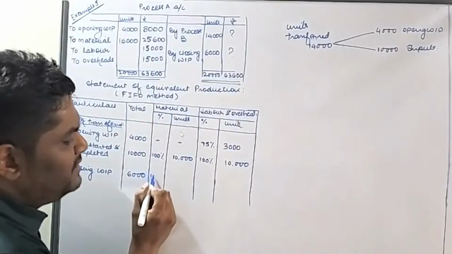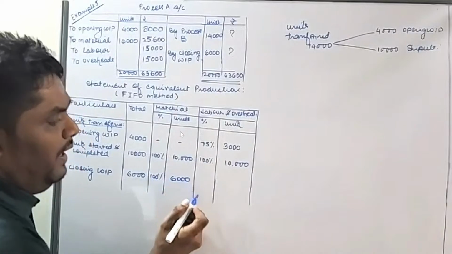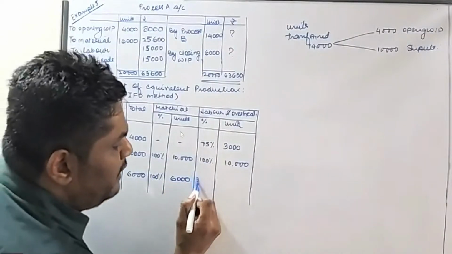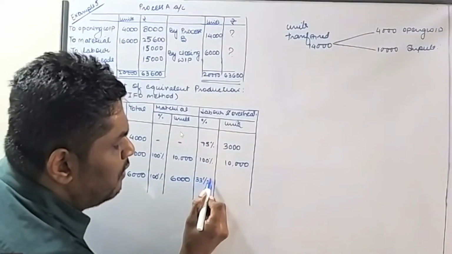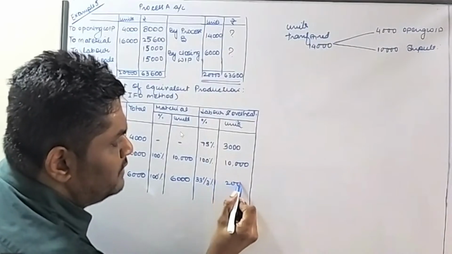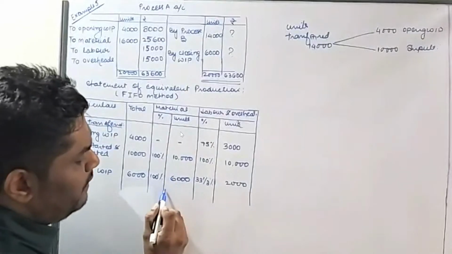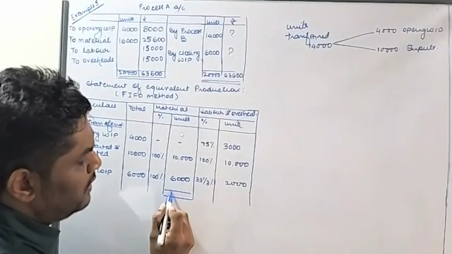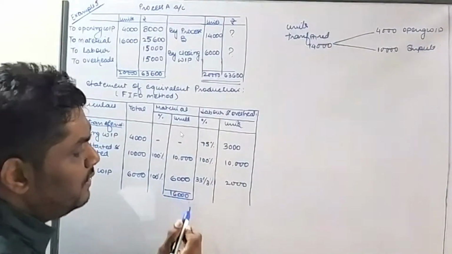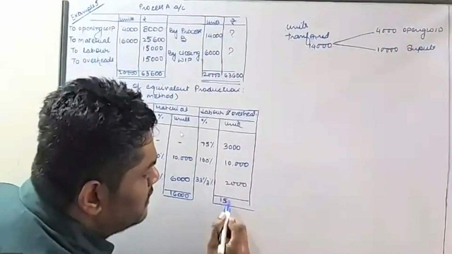So 100% work was done in respect of material, 6,000, and 33.33% work was done in labor and overheads. So this will be 2,000. So when talking about the equivalent number of units, this will be 16,000 and this will be 15,000.